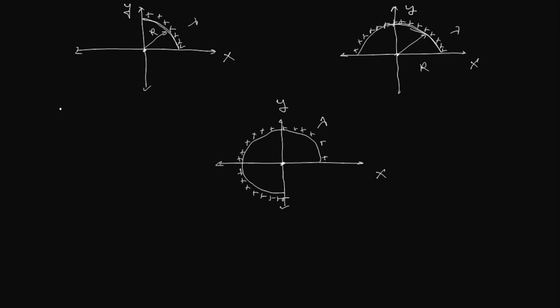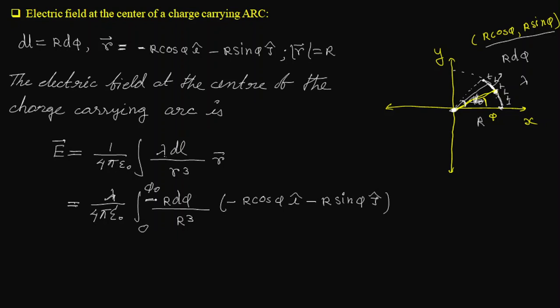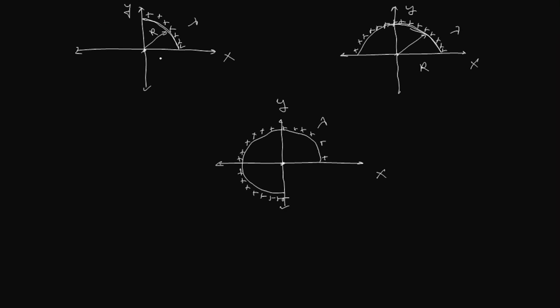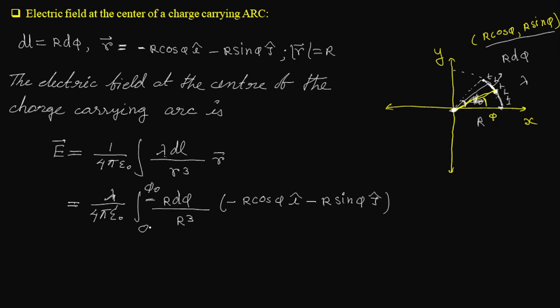What we have to do is simply replace this limit phi naught. For the first case, the limit is pi by 2. This is the starting point, phi equals 0, and this is the end point of this arc. If we connect this part with the origin, it will make 90 degrees with the positive x-axis. So in this case the limit of phi will be 0 to pi by 2.